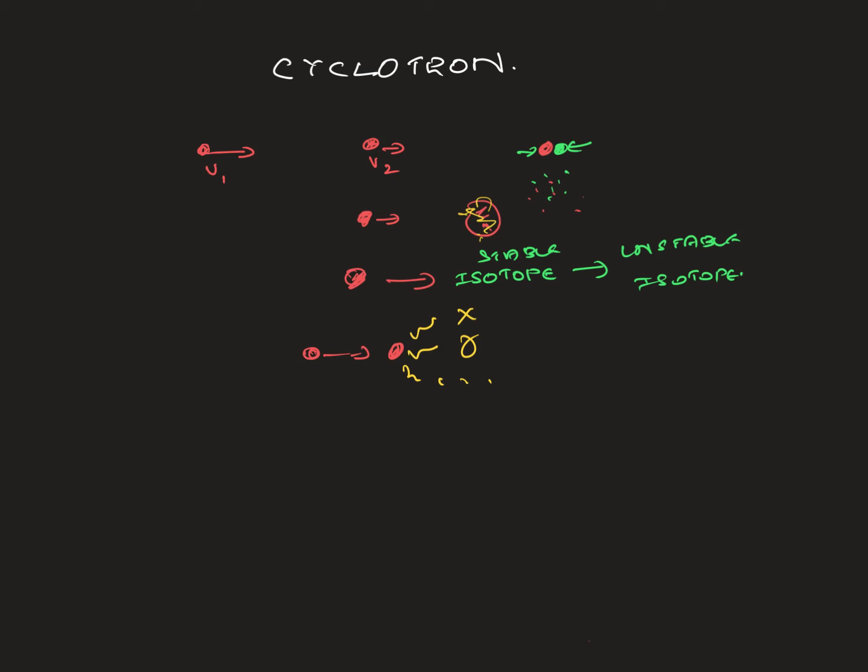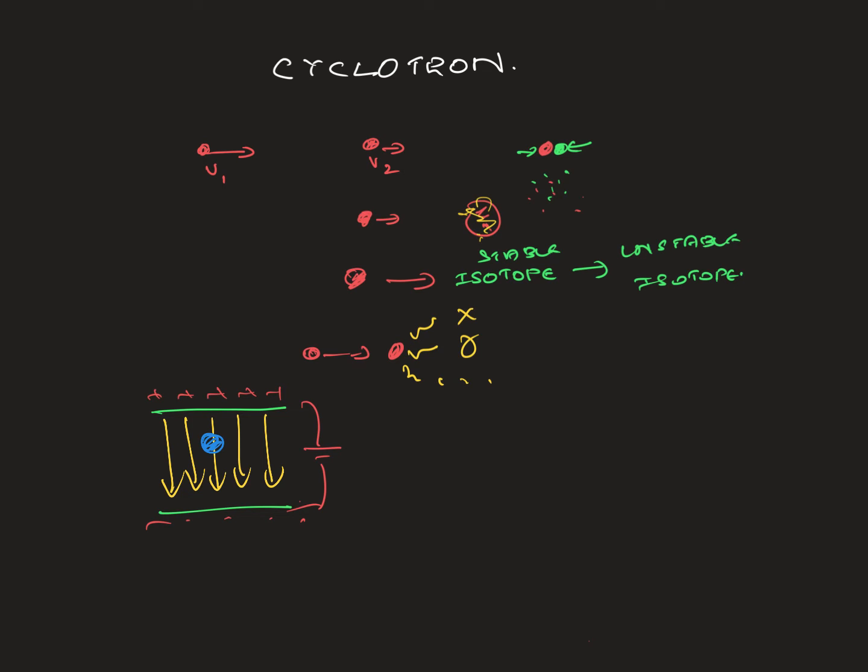If you have a metal plate here, and if this is positive, negative, you connect to a voltage source. So you create an electric field between those two plates. And what happens to a charged particle?